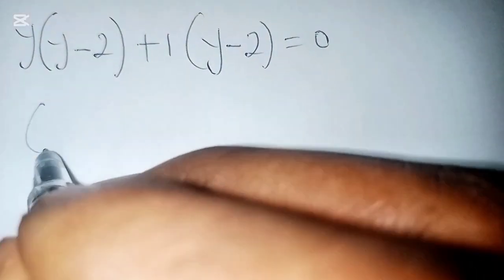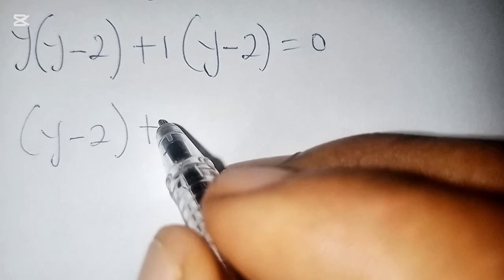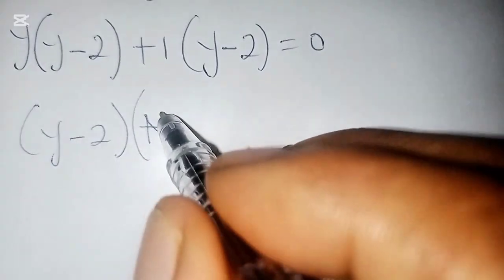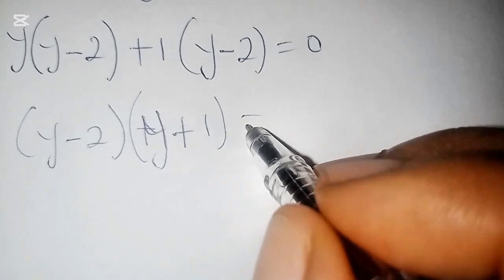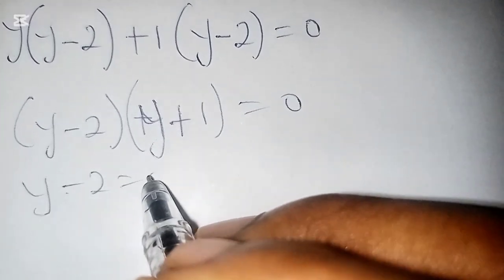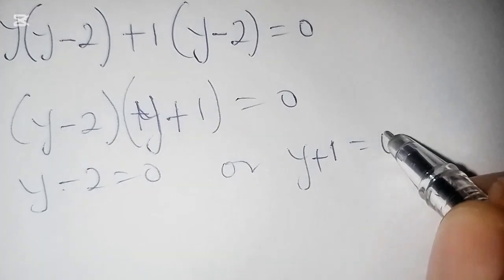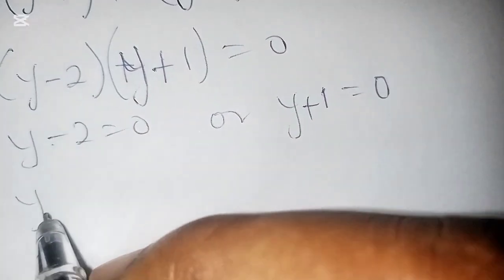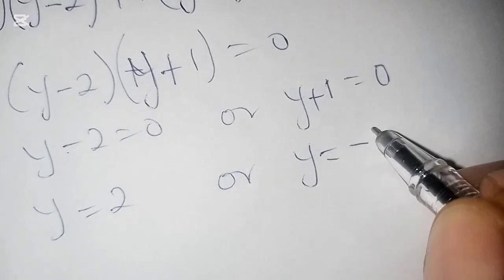Now we have two same parameters inside the brackets. We're going to factor out 1. So we have y minus 2, and we just pick one of it and then put the other one outside the bracket, in a bracket, y plus 1. So we have two equations equating to 0: y minus 2 equals 0, y plus 1 equals 0.